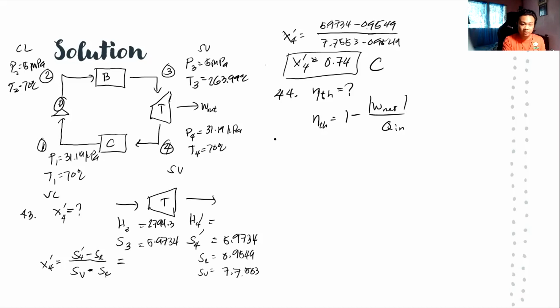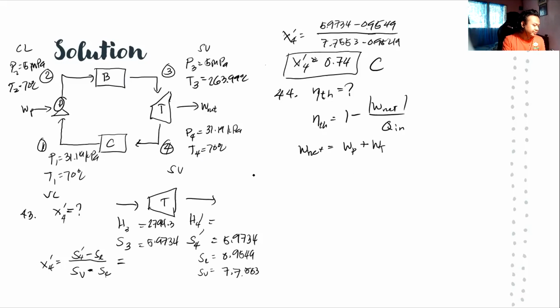So what comprises the network? I forgot to put here, we have a work pump. Okay, we have to include it because we are using energy to operate this pump. So W net is equal to WP plus W turbine, the work produced by the turbine.